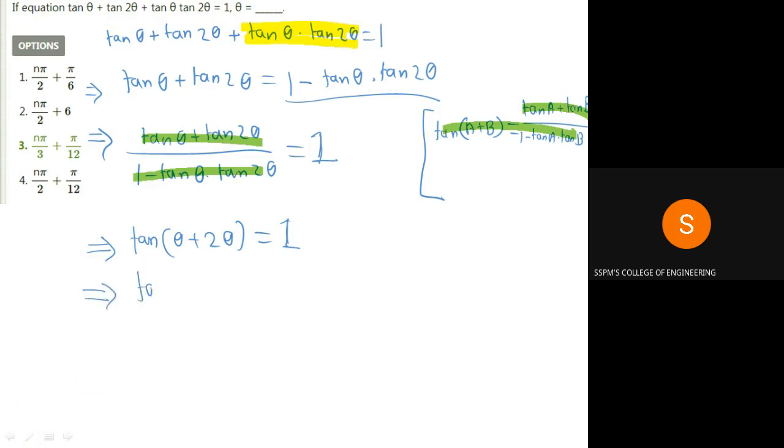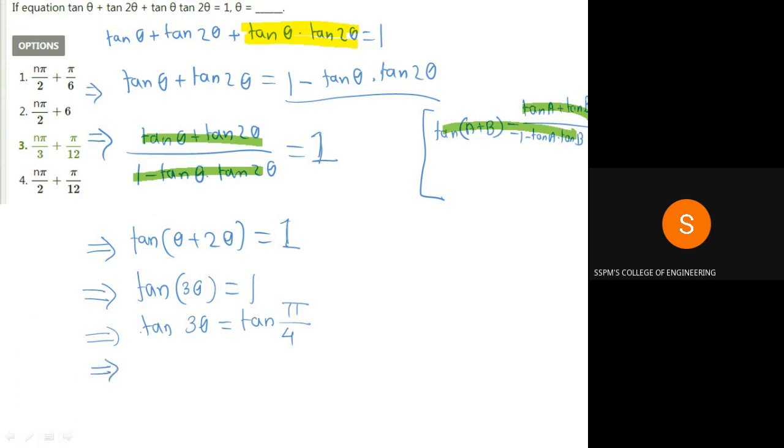So now, what is theta plus 2 theta? It is 3 theta. So tan 3 theta is equal to 1. 1 can be replaced by tan pi by 4, isn't it? But see, you cannot just directly cancel tan and tan on both sides.